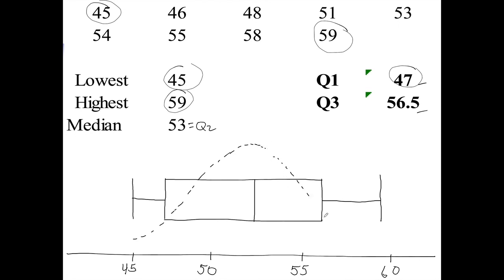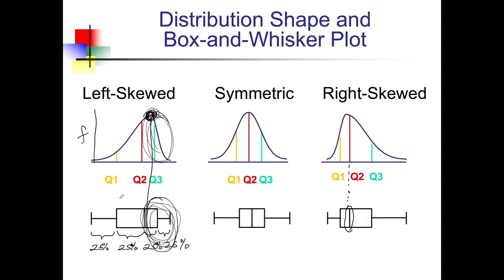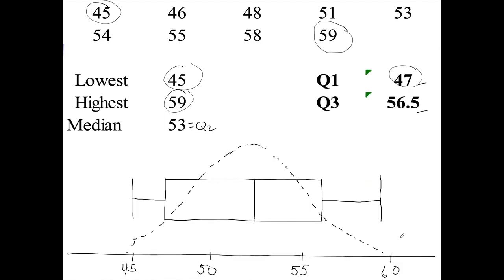Tapos, ito, pababa na ng pababa hanggang dito. It looks like a normal distribution, pero somehow right skewed siya, since we are having a higher range dito compared dito. Parang ganito ang itsura niya. Hindi ganun ka-obvious, dito natin makikita.